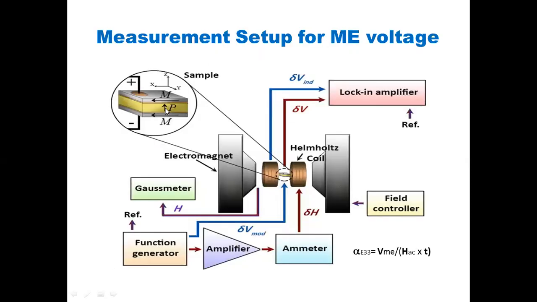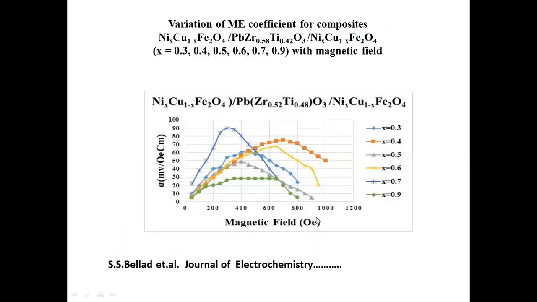So here that means we are changing the DC current passing through this coil, so that we are changing the DC magnetic field at the middle of these two electromagnets. So the magnetic field produced at the middle of the two electrodes is in this range.